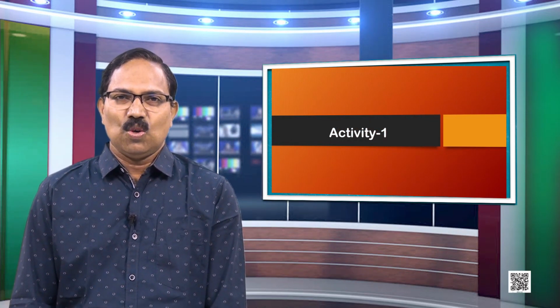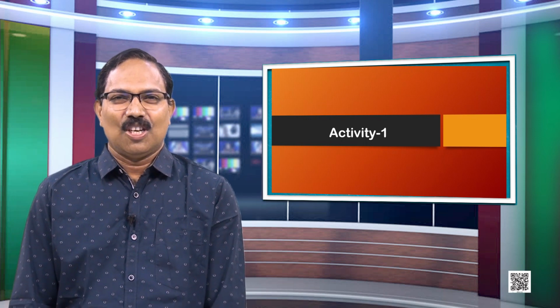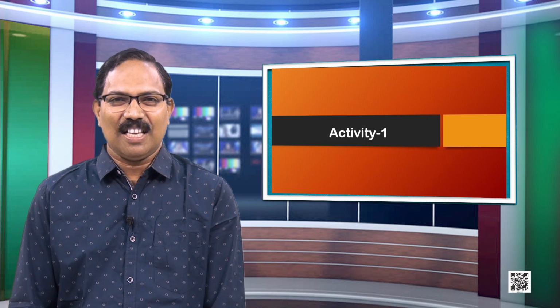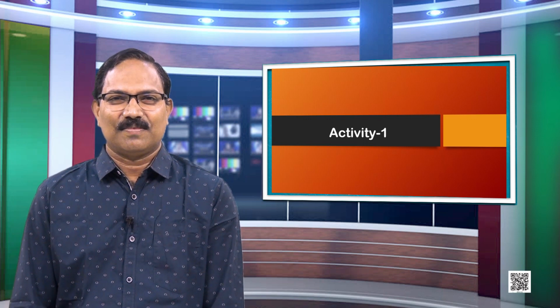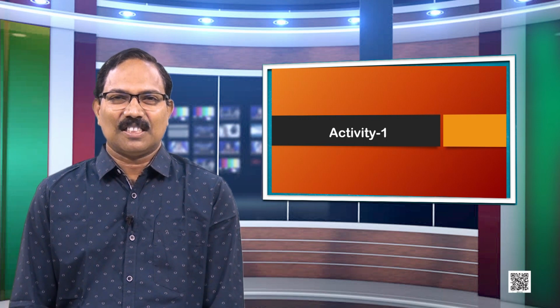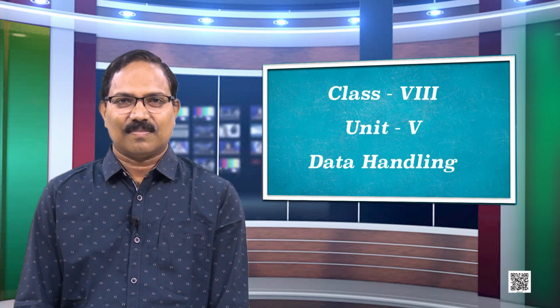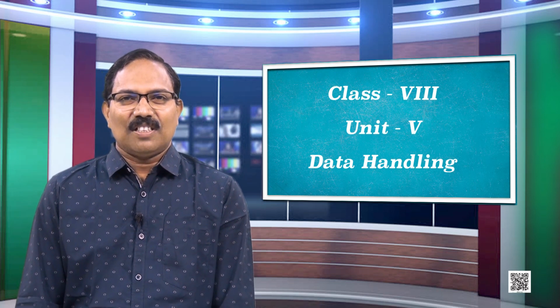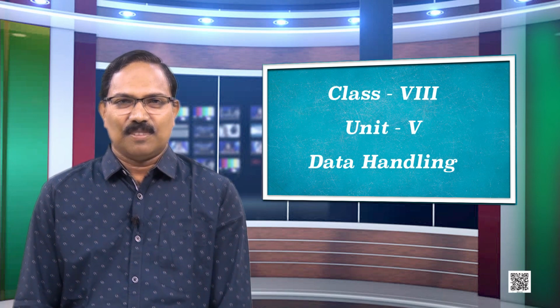Like, who is the tallest in your family? Who is the shortest in your family? Whose heights are equal? Okay, like this you can have many interpretations from this collected data. So, we will further learn about one more type of bar graph.